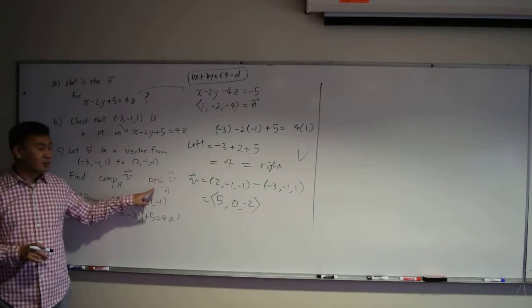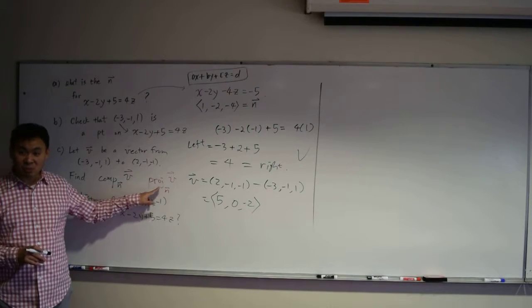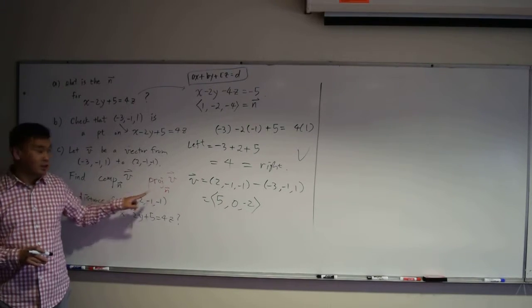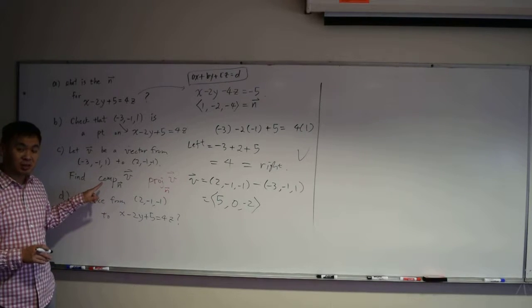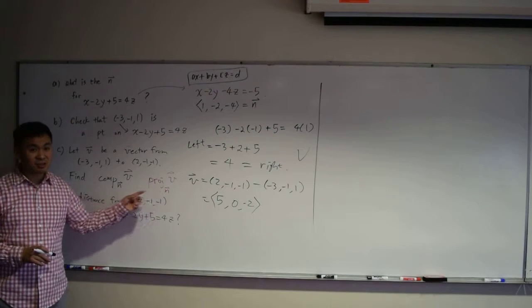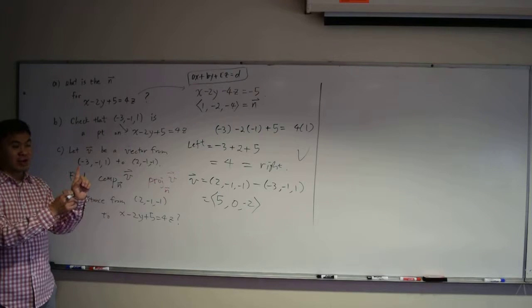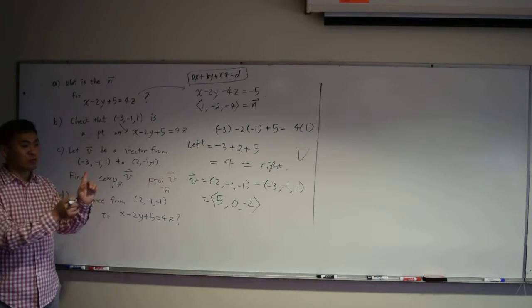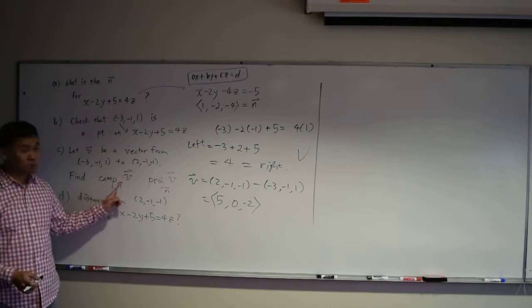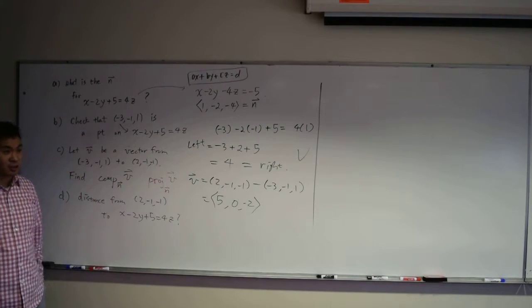The length of the projection, the magnitude of the projection vector, is the absolute value of the component. Component is almost like the magnitude, except that it can also have a negative value if the two vectors have an obtuse angle, if it's more than 90 degrees.